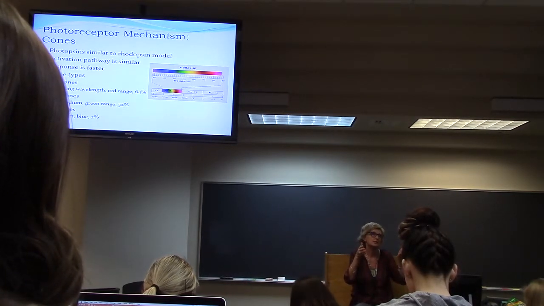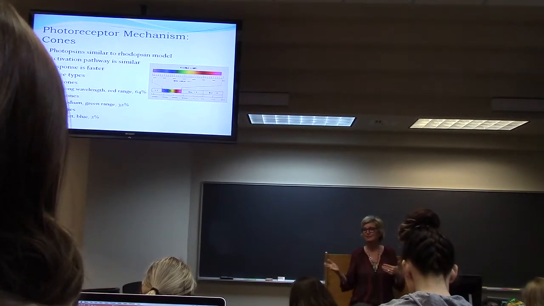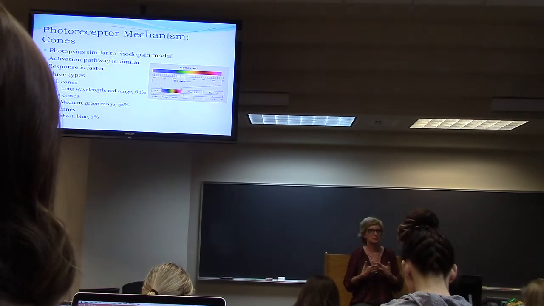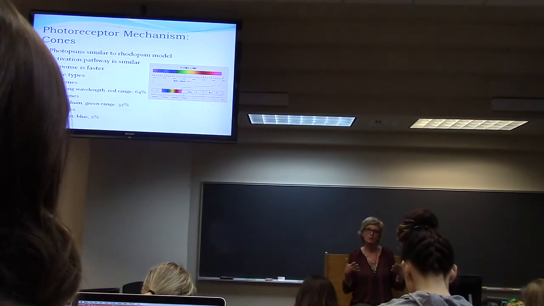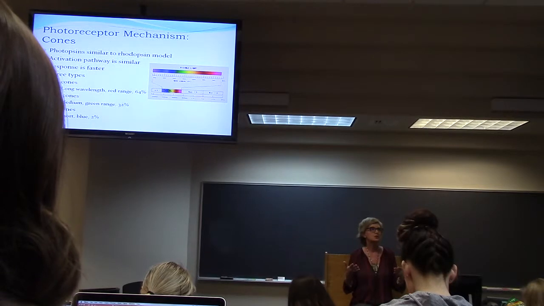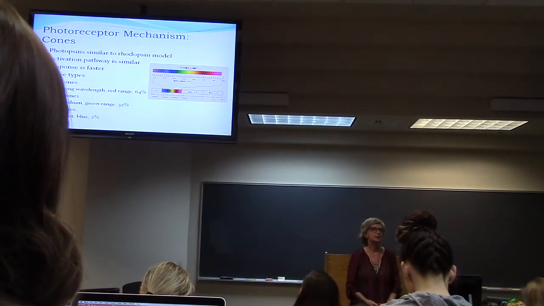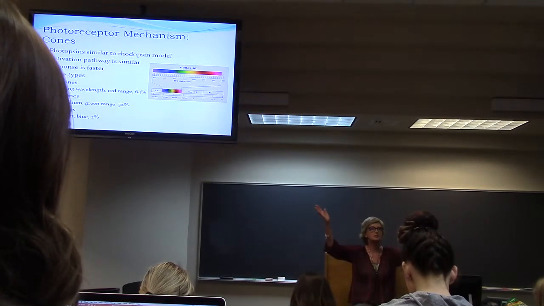So there are three kinds of cones: L cones, M cones, S cones. And L cones receive long wavelength light, or they're the red cones. Red light is long wavelength, it's kind of slower. Short wavelength is faster, blue cones. And you see that there's a lot of red, a little bit of green, or so half as much green, and 2% S cones. So here's the wavelength of visible light.